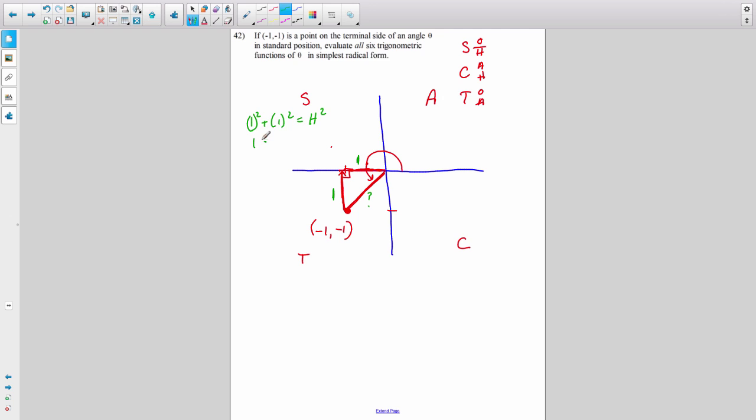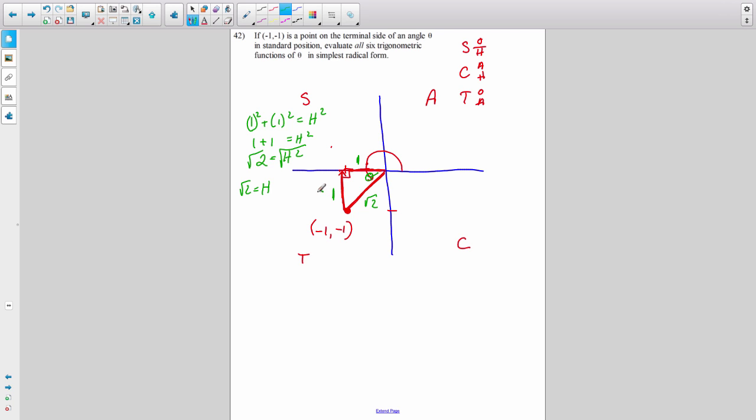So this would be 1 plus 1 equals hypotenuse squared. 2, square root both sides. Okay, my hypotenuse is equal to radical 2. So let's put that in right here. You are now radical 2. Cool. My theta is here.